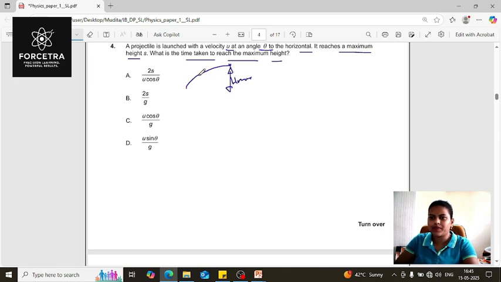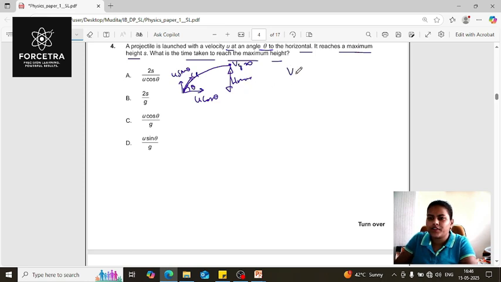So at this h max, in the projectile motion, the initial velocity is u and thrown at angle theta with the horizontal, so the horizontal component is u cos theta and the vertical component is u sin theta. At this point there is no vertical velocity, so vy becomes 0.